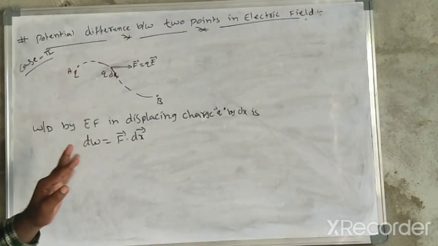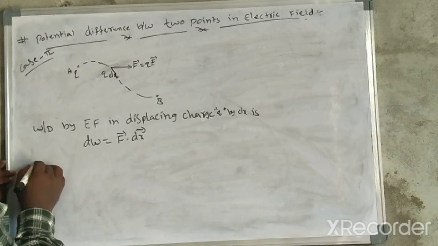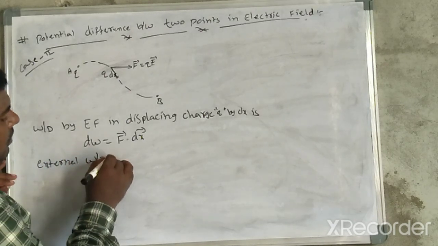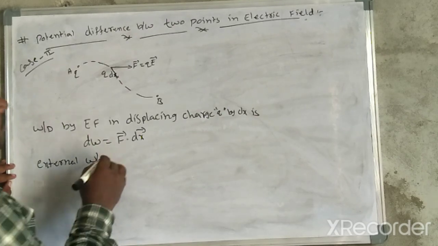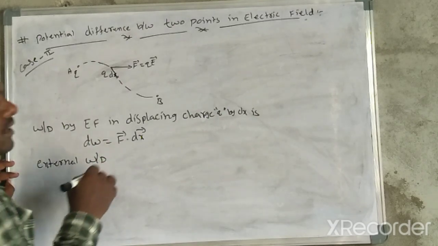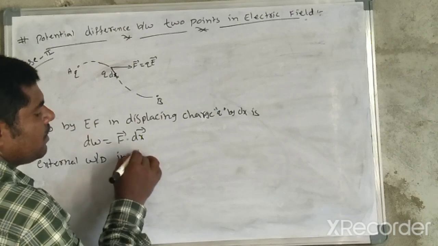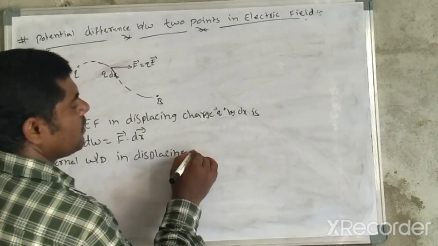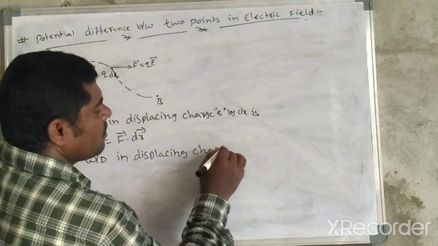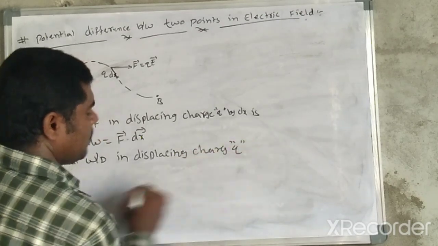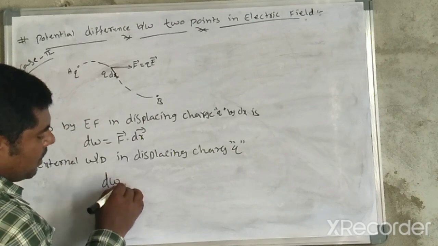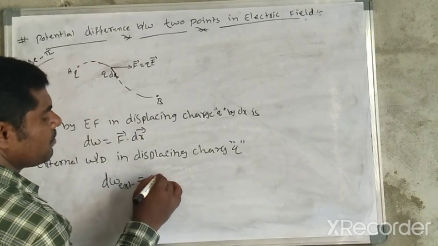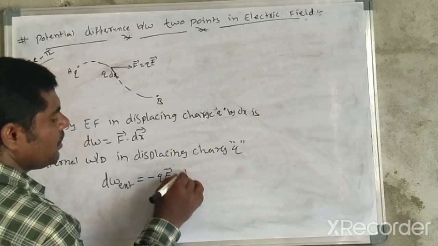Similarly, the external work done against the electric field in displacing charge q is dW external, equal to minus F, which is nothing but q into E into dx.